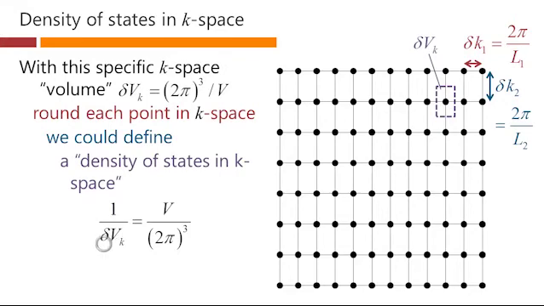And so the number of those bricks per unit volume in K-space is 1 over the volume of one brick. That would be true in ordinary real space if we had a brick of a given volume, and the total number of bricks per unit volume of ordinary real space would just be 1 over the volume of the brick. So we have a density of states in K-space that is 1 over the volume of one brick. But here's our formula for the volume of one brick. So the density of states in K-space is the volume of the crystal divided by (2 pi) all cubed.